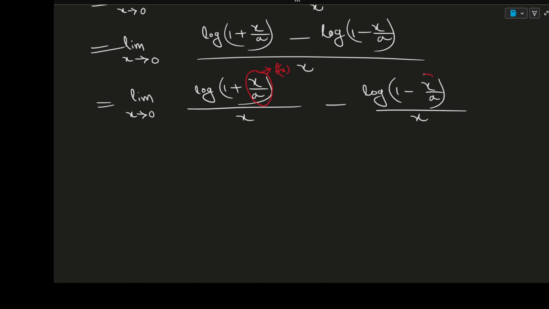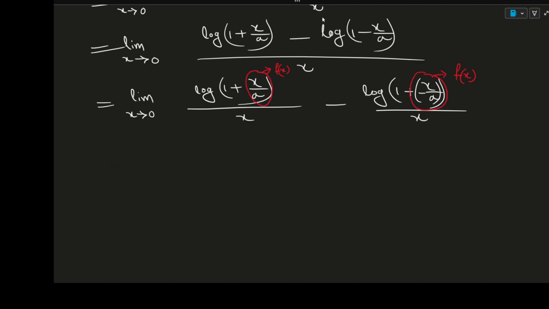In this problem, f of x is this, plus and minus. So our required f of x is this. We have to make the f of x in the denominator as well.